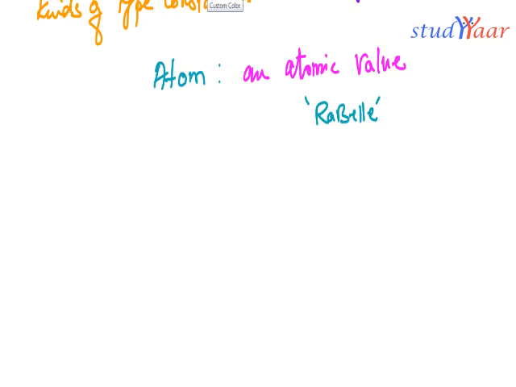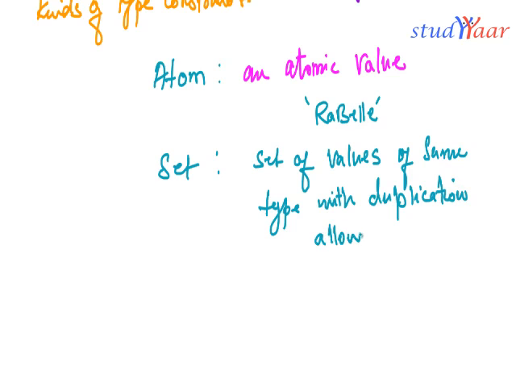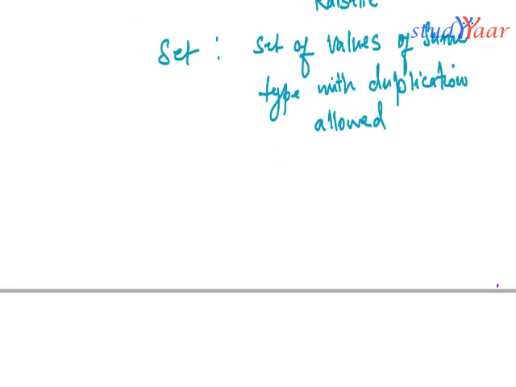Now the next kind is set. Set tells me that the object stores a set of values of the same type, with duplication allowed. So what can be a set?